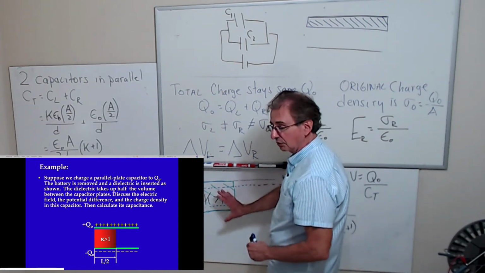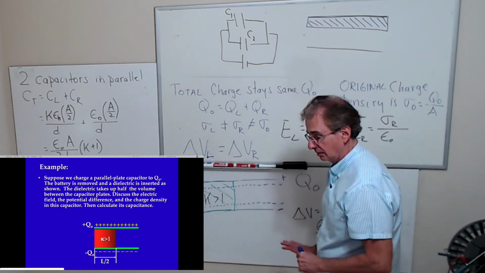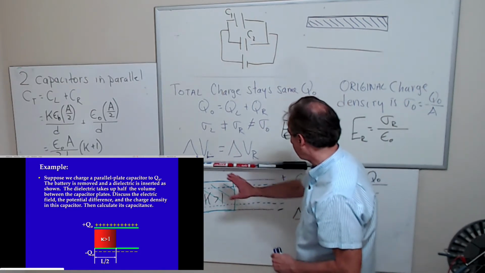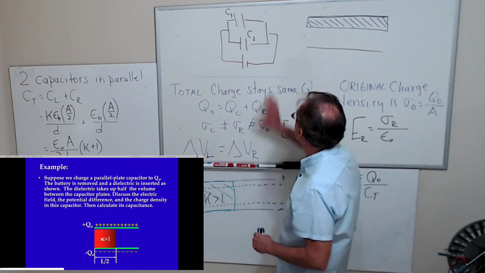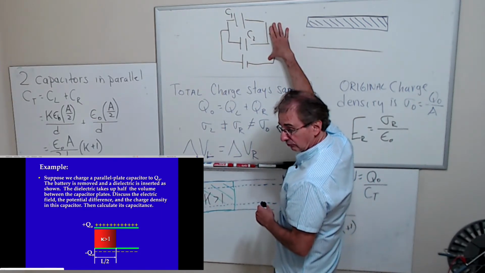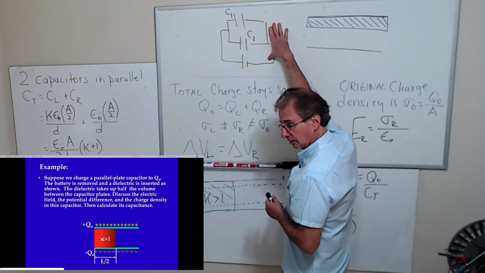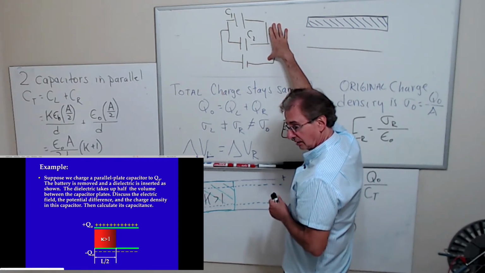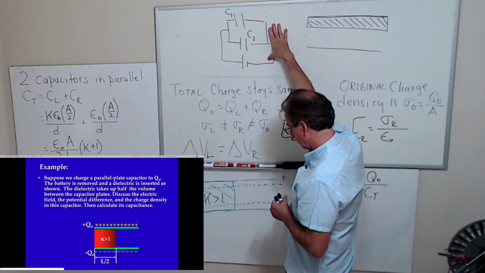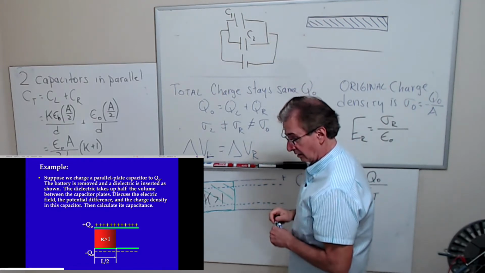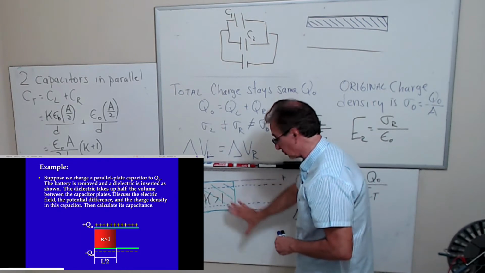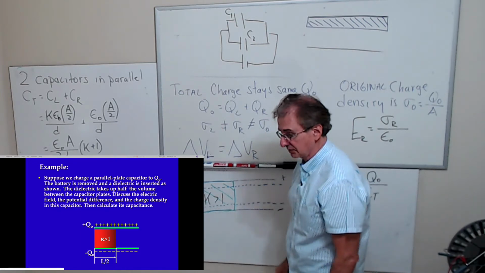It's all I've established. All I'm saying is the delta V on the left-hand side is equal to the delta V on the right-hand side, just like when I have two capacitors in parallel. This is always true when it's set up like this, yes.